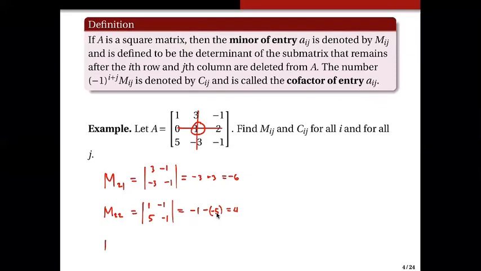And M23, second row, third column. So this guy here is our second row, third column entry. We want to delete the third column and the second row.